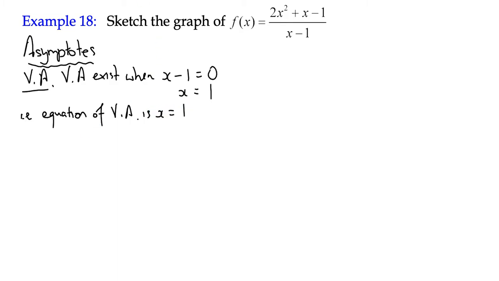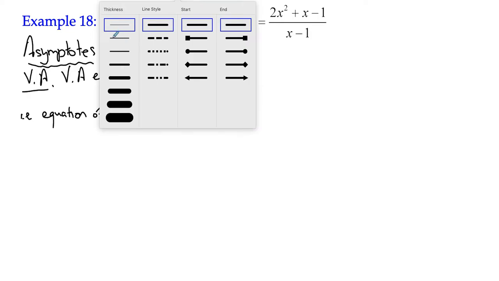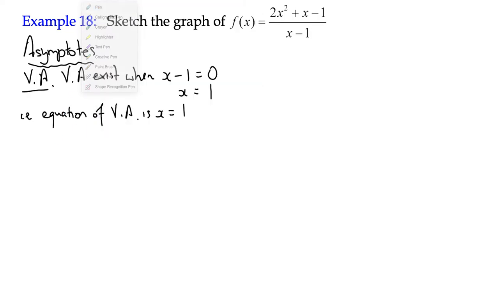Okay, and what we'll do is draw a dotted line to represent it. We should get my line tool. There we go. We'll get a dotted line to represent it, and we'll write in x equals 1.